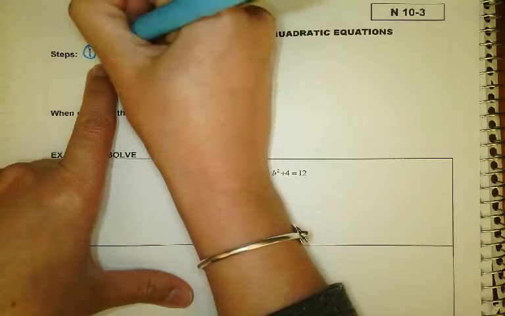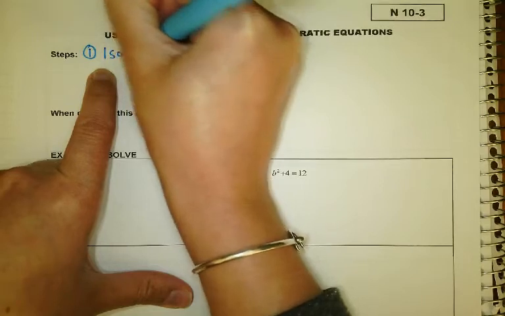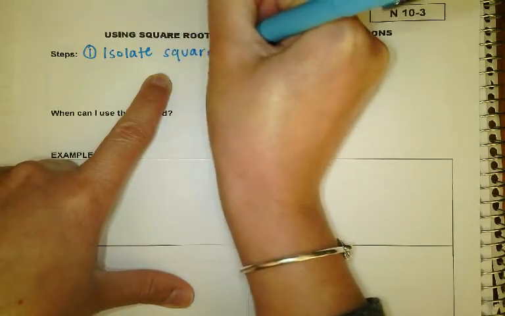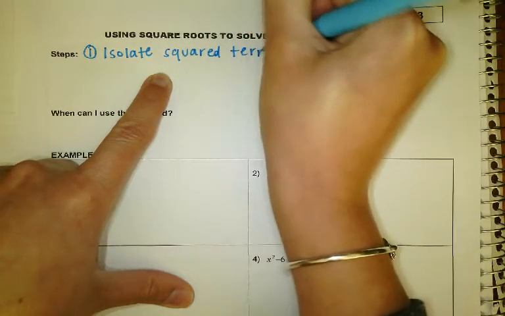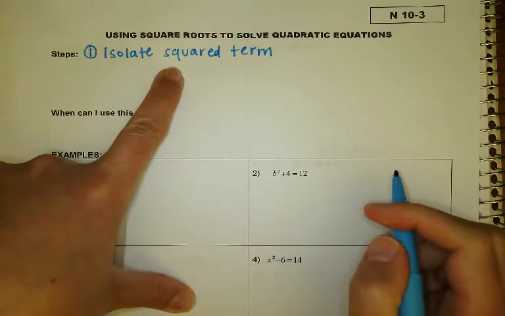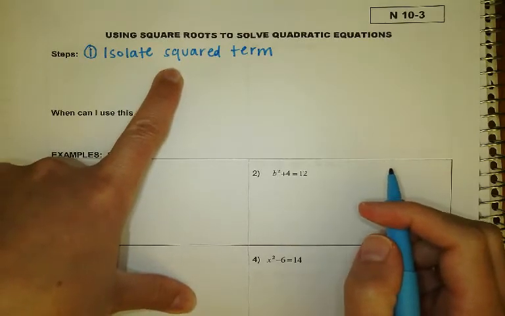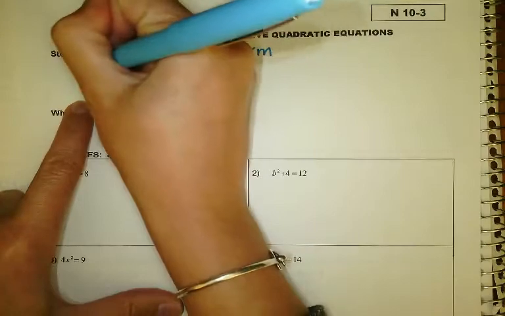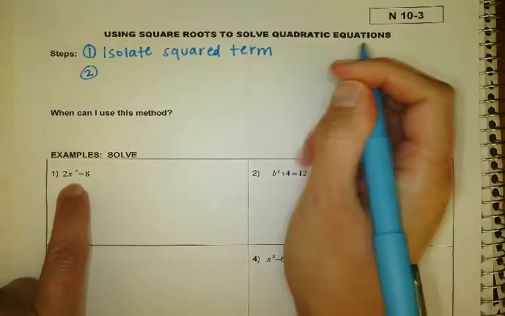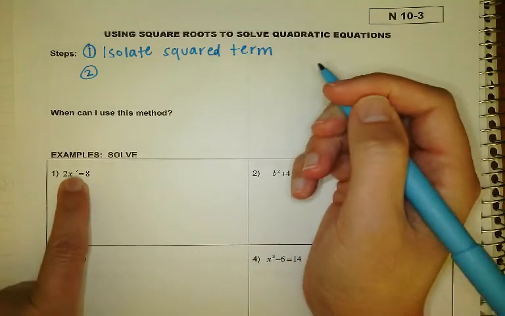Step number 1 is to isolate the squared term. We're going to cancel any other numbers in the equation so that the part that's squared is by itself. The reason we use square roots is because they're the opposite of squaring.